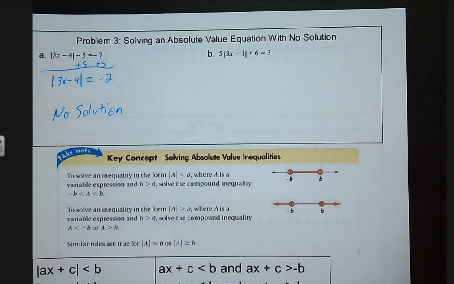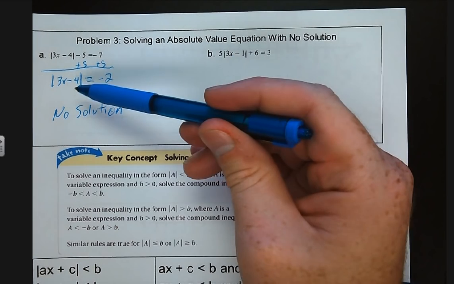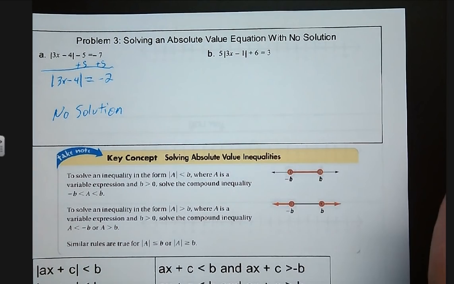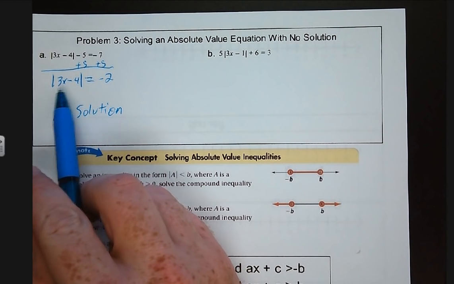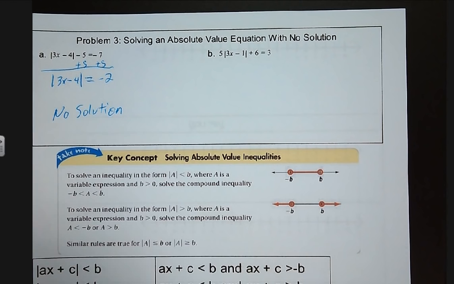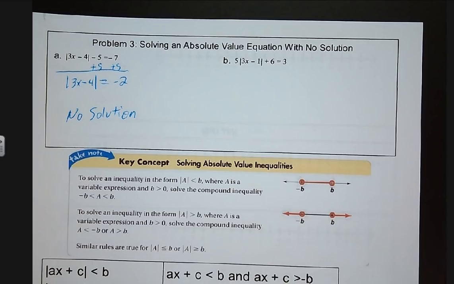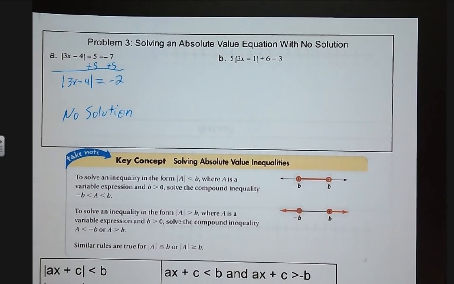And the reason for that is our distance away cannot be negative. Remember, we're finding the absolute value, this is not going to work. So anytime that you get it reduced so that you have your absolute value isolated on one side of your equation and a negative number isolated on the other, there is no solution to that equation.